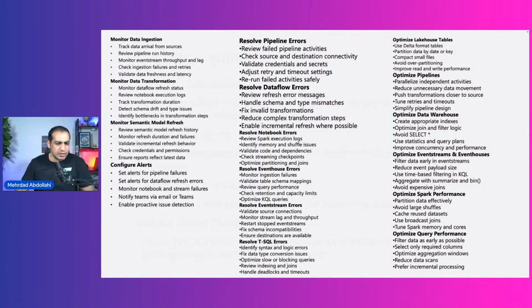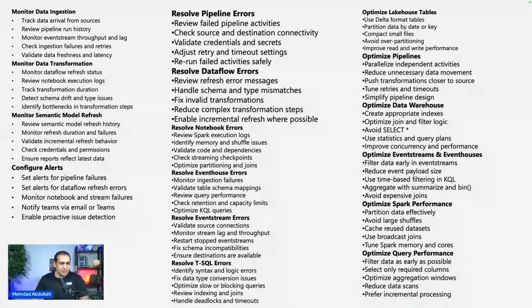So this is a quick cheat sheet of each of the items that we've got for monitoring, resolving the issues, and optimization per item in your exam and using Fabric. For example, for monitoring data ingestion, you can track the data arrival from sources and review pipeline run history.